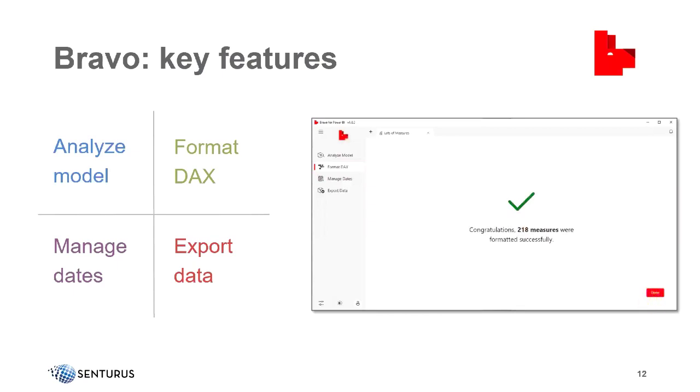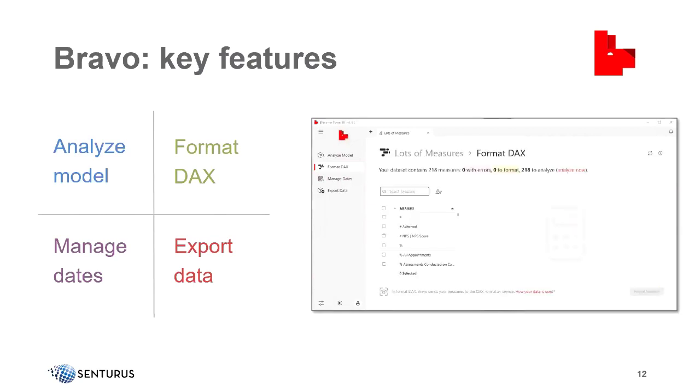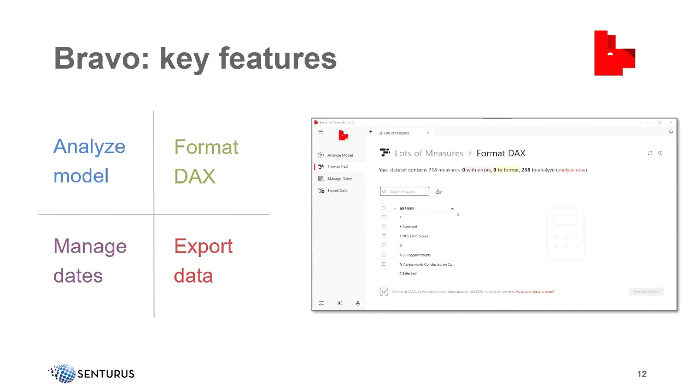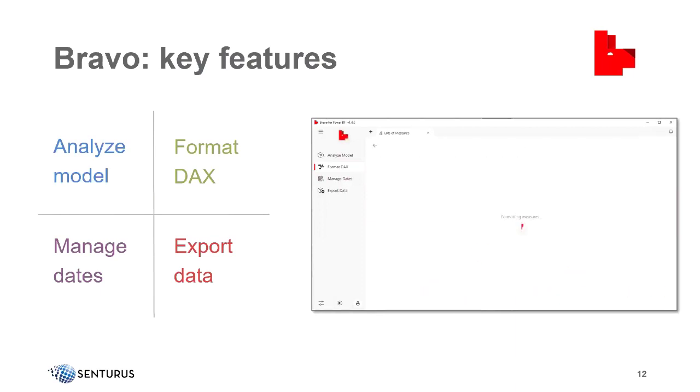So just quickly, you're going to analyze the model, formatting the DAX, because by definition, if your DAX is not formatted, it is not considered DAX. If you have a very complex DAX statement on one line, some people will say that this is not by definition DAX. I wouldn't really go that far, but it's not fun to read.